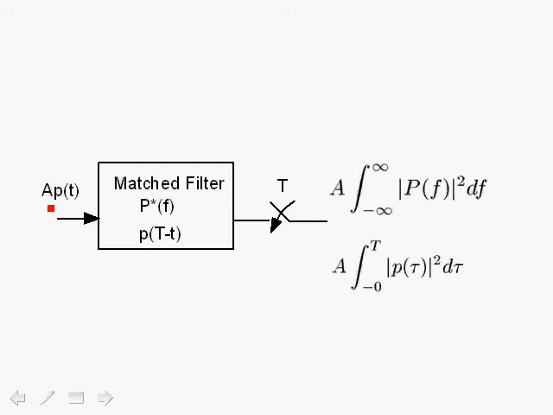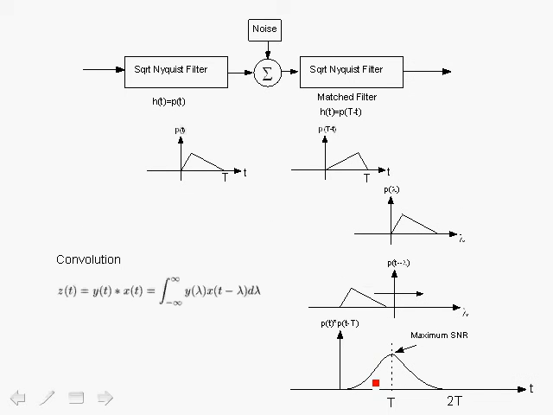So if the input signal is A p of t and the match filter has an impulse response which is p of capital T minus t. So going back to this figure here, at the maximum signal to noise ratio, these two pulses actually overlap, and we multiply them. If we look at here, we multiply them, and since they're exact copies, then we get the signal squared, integrated over lambda from -infinity to infinity.